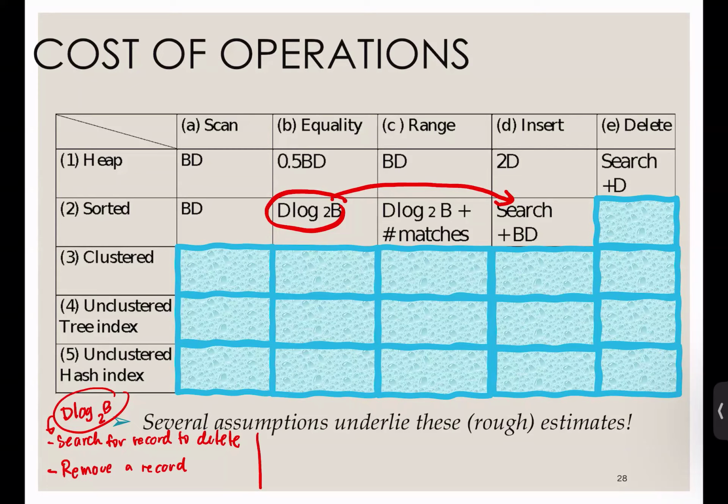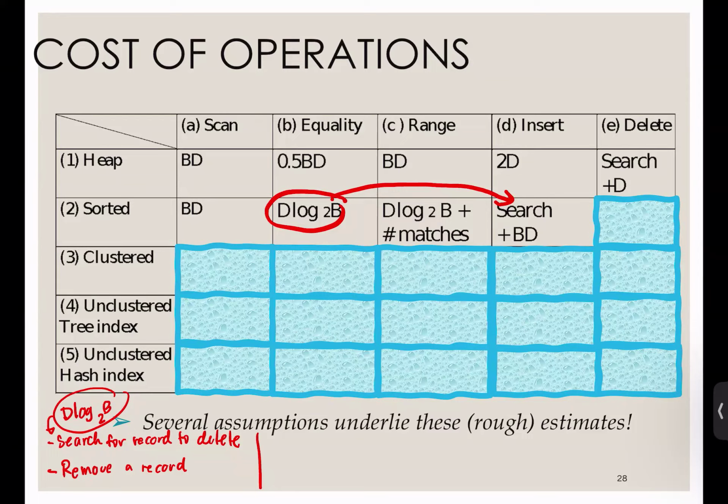Now, that's not all the work that we need to do. Because if you remove the record and then write back that page, the page will have a hole there, right? But the assumption says that you need to compact the file after deletion. So no hole is allowed. So we need to move everything over by one so that the empty spot is gone.